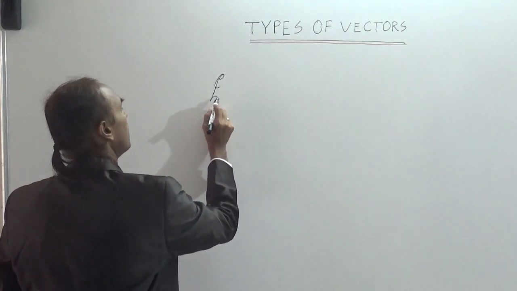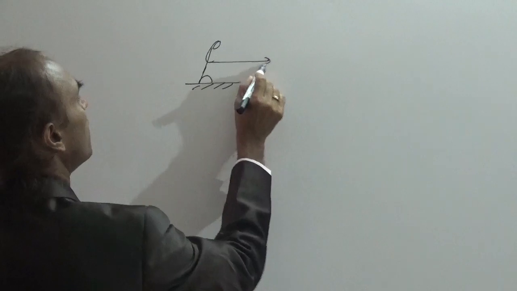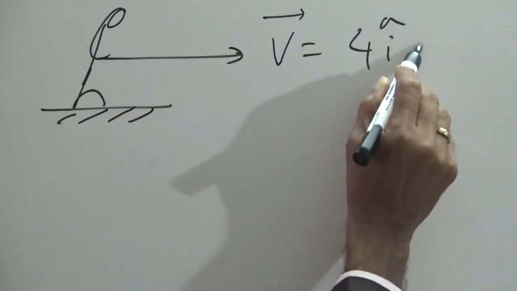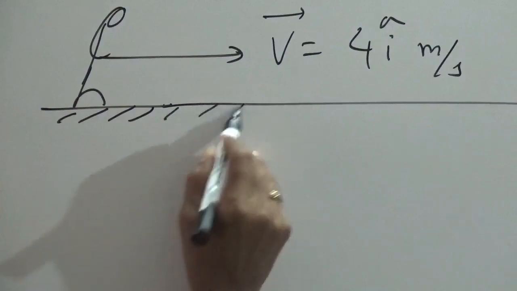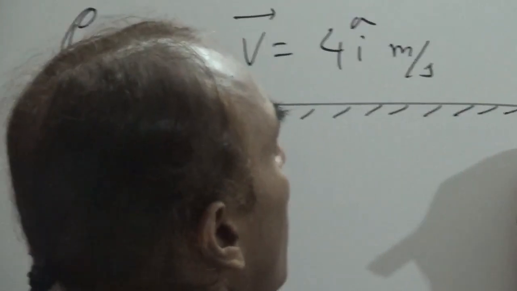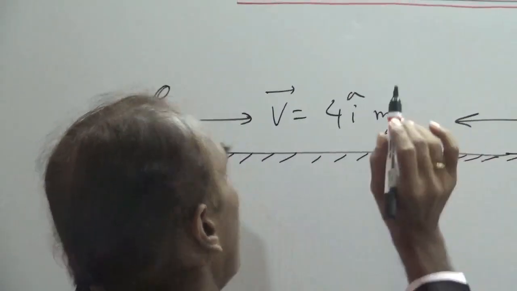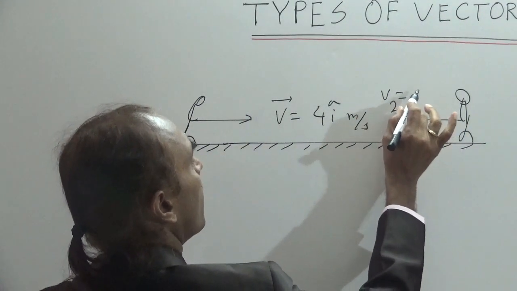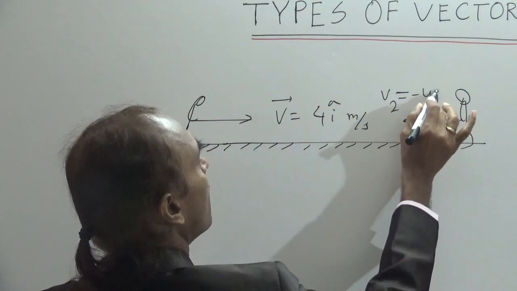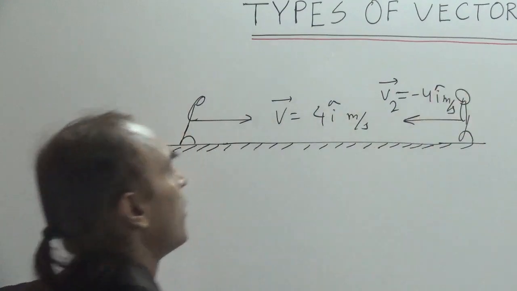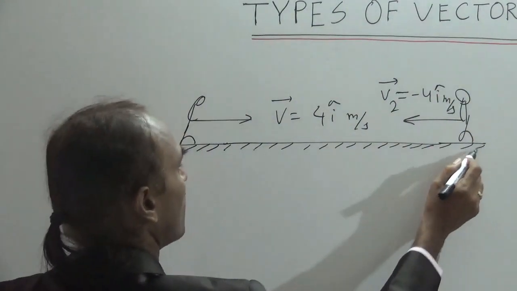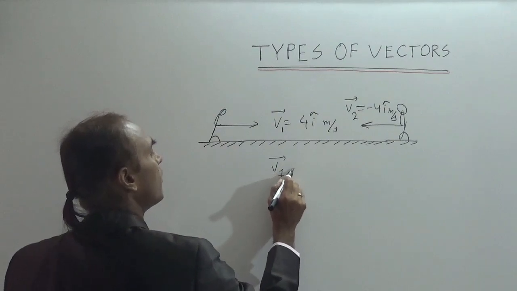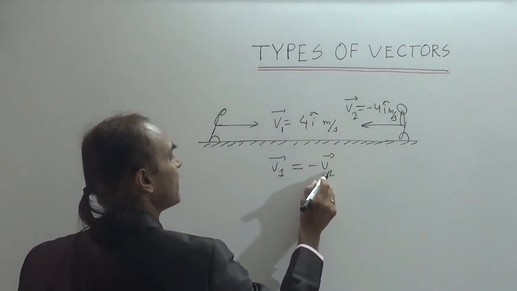Say you are moving with the velocity 4 meters per second towards east, and your friend is moving the other way with velocity of the same magnitude, but the direction is opposite. v1 and v2 are negative vectors in this case.